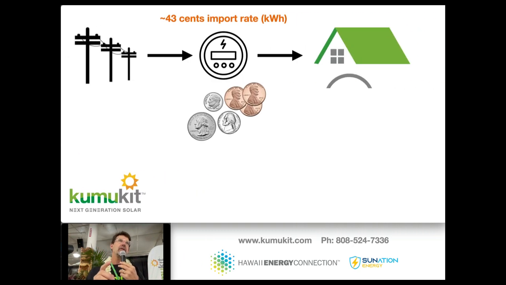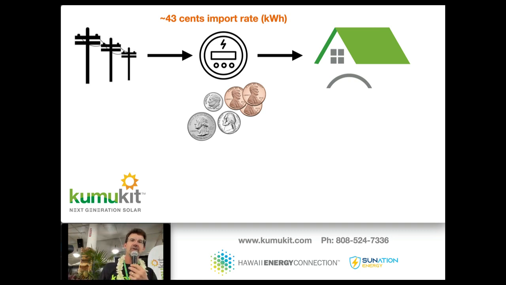We just talked about 1 kilowatt hour of energy usage. Today, on Oahu, that will cost you about 43 cents every time that meter spins around and one of those digits goes up. We're buying power at about 43 cents per kilowatt hour, by far the highest in the nation.